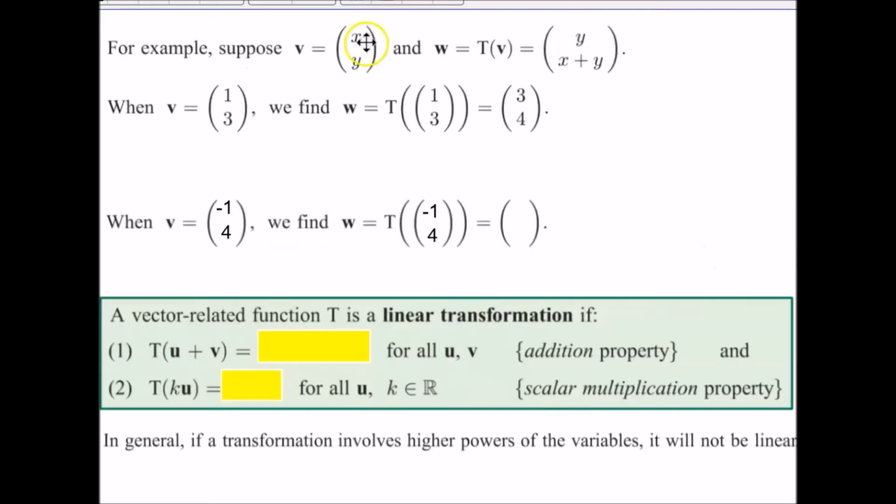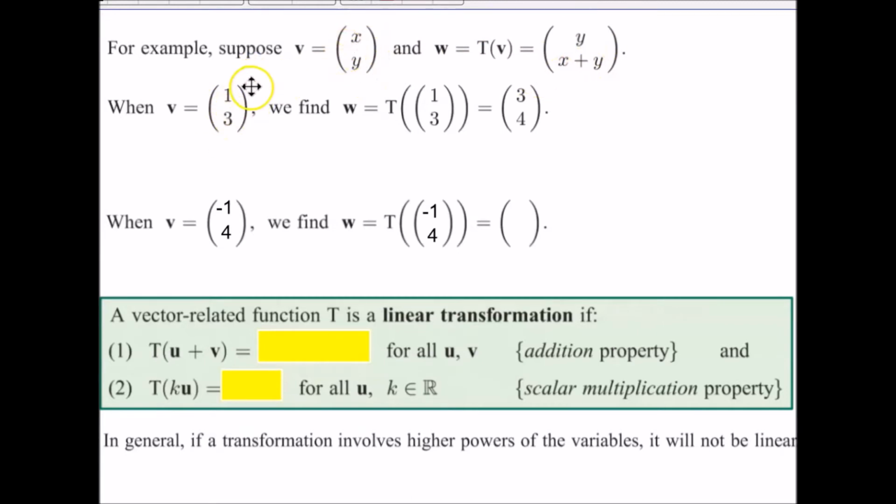I suppose we have vector v is (x, y), so w, the image, is some transformation of v. In this case it's equal to (y, x plus y), which means that the y value occurs at the top and the base number here is the sum of these two terms.